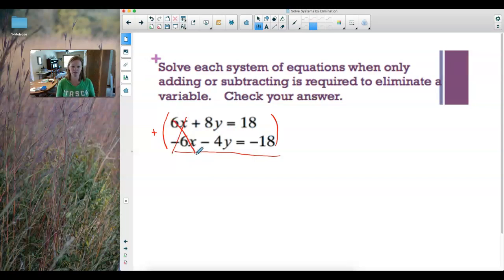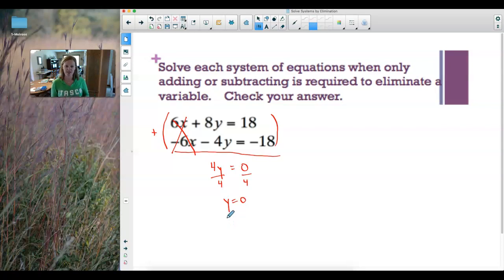So these cancel. Now remember this negative sign is attached to that 4. So this is +8 plus -4, which is 4y, equals 18 plus -18, which is 0. And then divide by 4, and you get y equals 0.